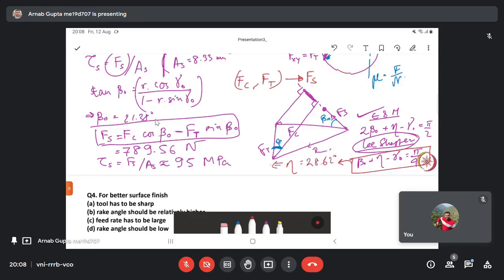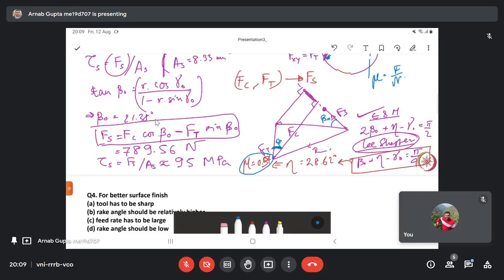From here, mu is equal to tan of this particular angle, which will be around 0.54. Okay, so now one thing, the value that we get here, this mu equal to 0.54 from this Lee-Shaffer's expression, is the apparent coefficient of friction. That is not the actual coefficient of friction.